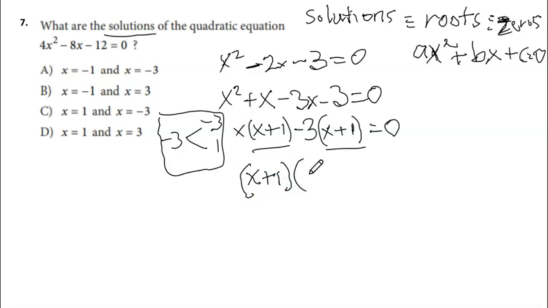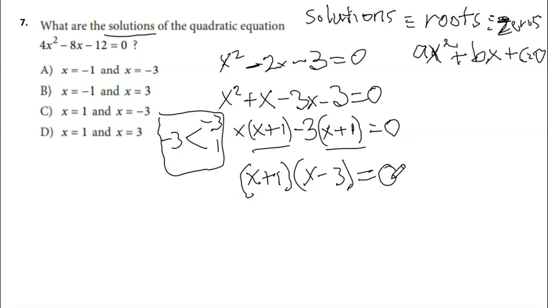What is remaining on the left is what? x. What is remaining on the right here is what? Minus 3 is equal to 0, right? So our two factors are what? x plus 1 and x minus 3. Now the solutions are what?